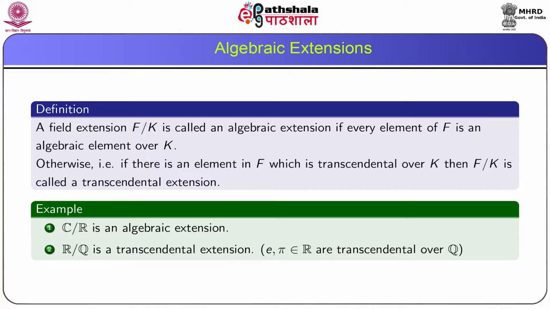But the extension R by Q is a transcendental extension because there are elements e, pi in R, and also so many other elements which are transcendental over Q. Note that there are many elements in R, for example root 2, cube root of 2, etc., which are algebraic over Q. Still it is a transcendental extension because all elements of R are not algebraic over Q.